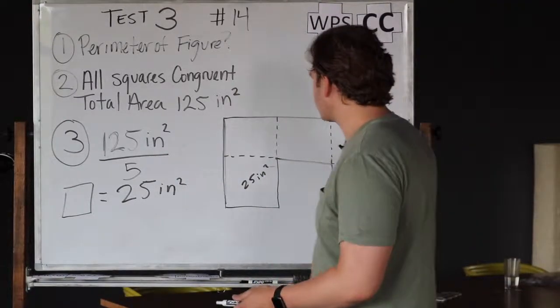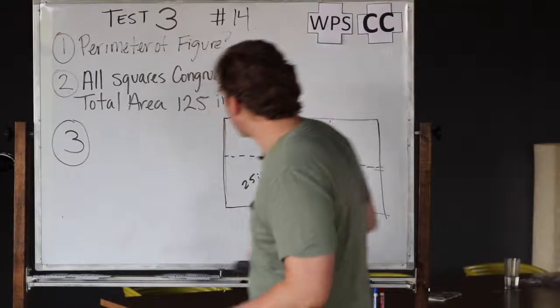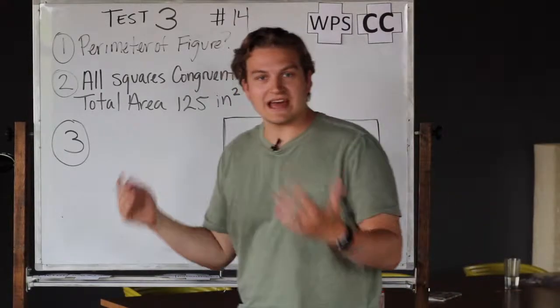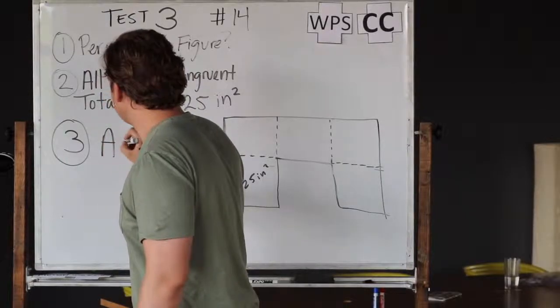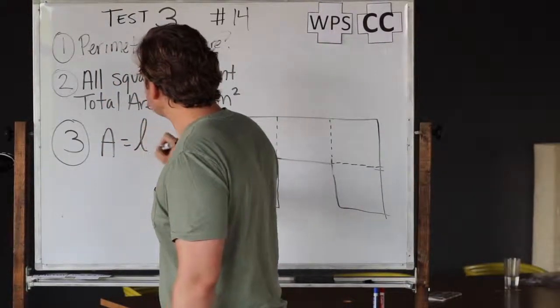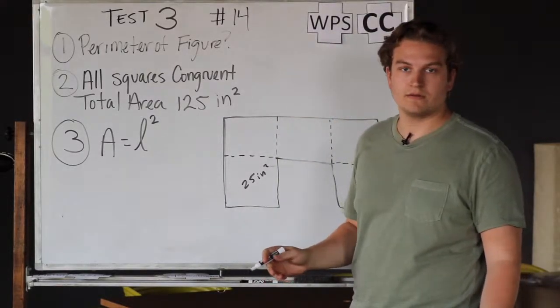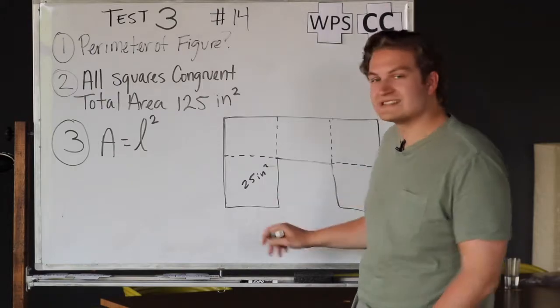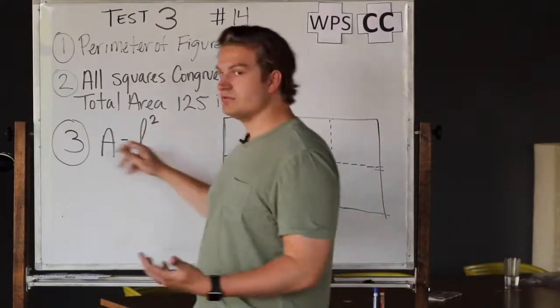Now let's take this a step further. If each square has an area of 25 square inches, think about this for a second. What's the area formula for a square? Well, the area of a square is equal to one side of the square, that length, squared. So if I want to solve for the length of one side of the square, I can plug what I do know into this equation.